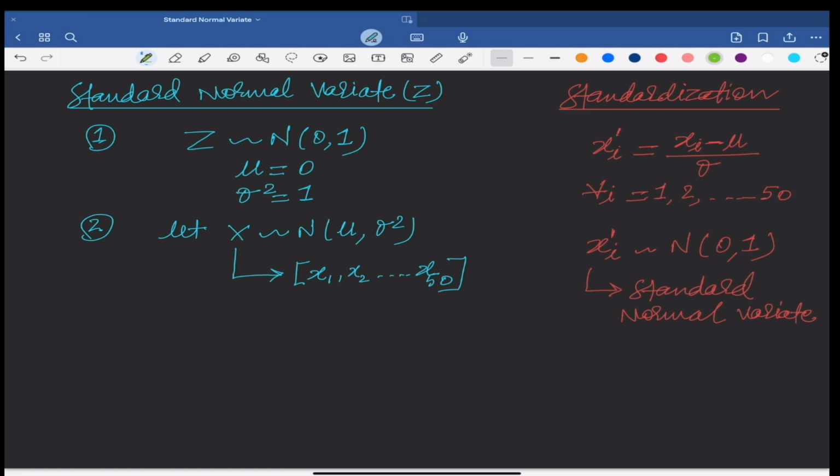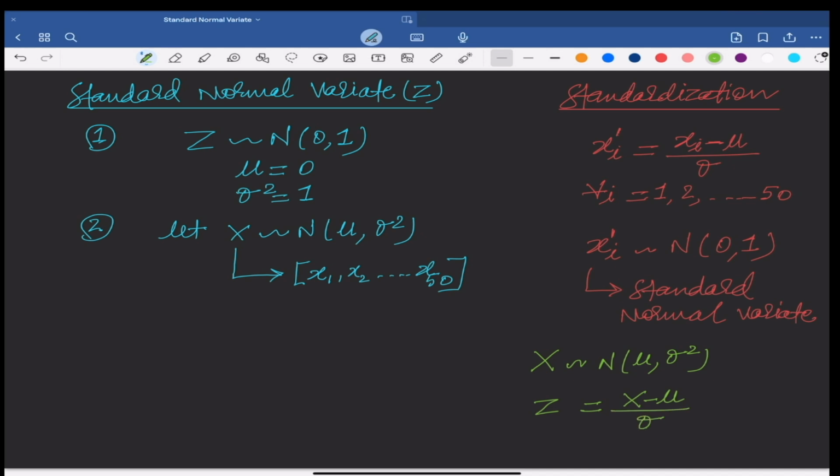In other words, given any random variable x with a mean of mu and a variance of sigma square, I can convert it into a standard normal variate z by subtracting mu from the values of x and dividing by sigma.